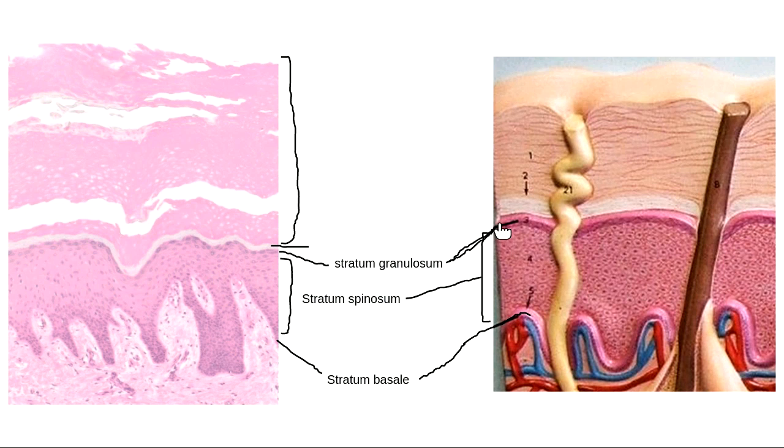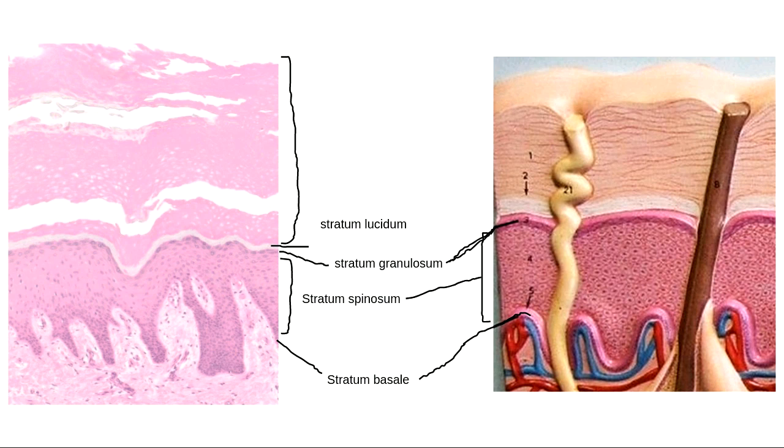Now here's where we hit a new layer, a layer of cells that is only seen in thick skin. See this really light line right here? And if I look over at my slide over here, see I've got this light line right here. This light line right here is actually cells. It's not an open space. There are cells there. And those cells are found in what we call stratum lucidum.